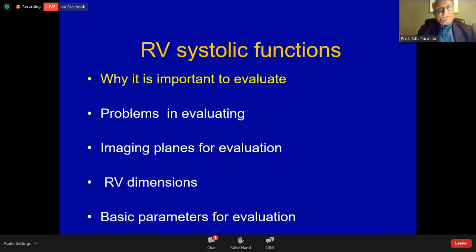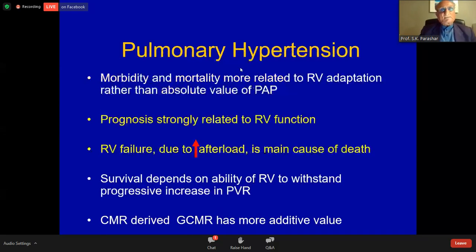Coming to the RV functions, why is it important to evaluate RV function? It is a strong prognostic factor in a number of diseases, and the prognosis is strongly related to RV function in pulmonary hypertension, and RV failure due to increased afterload is the main cause of death.